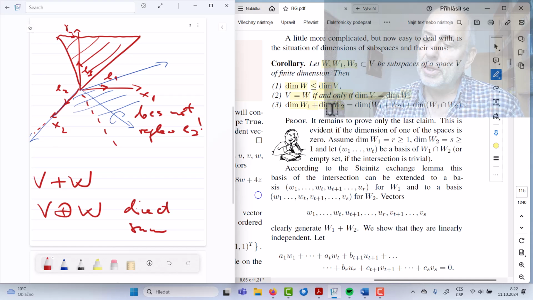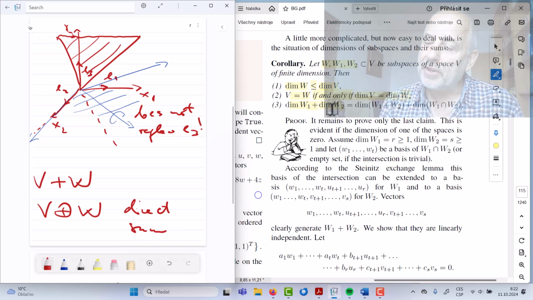And this is when the intersection of V and W is 0. So if they don't have any intersection, it's a direct sum. And that's exactly what we saw on the one-dimensional subspaces generated by the basis vectors spanning the whole thing. So that was a direct sum.